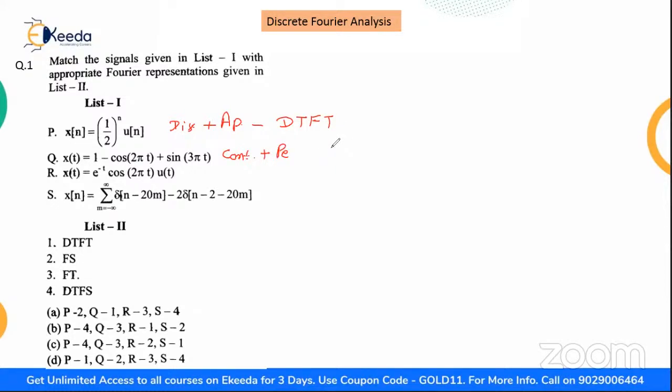For this, we will use Fourier series, which is the continuous time Fourier series. For periodic signals, we use Fourier series to get frequency domain information, and sometimes it is easy to analyze in the frequency domain, like filters and frequency components.